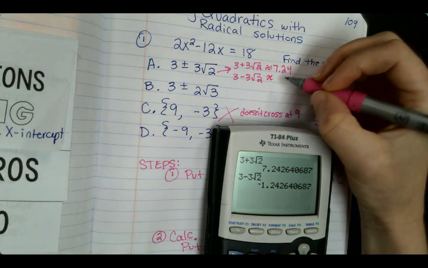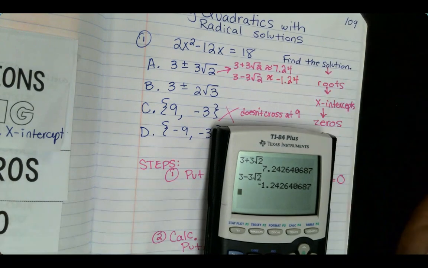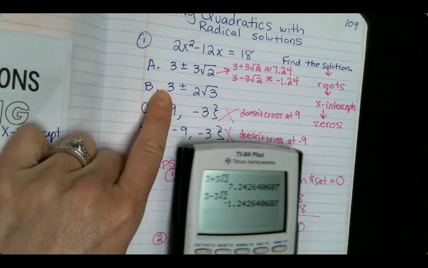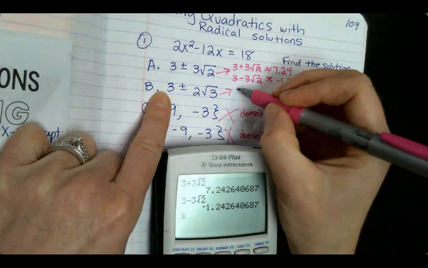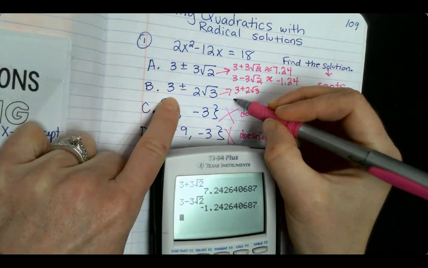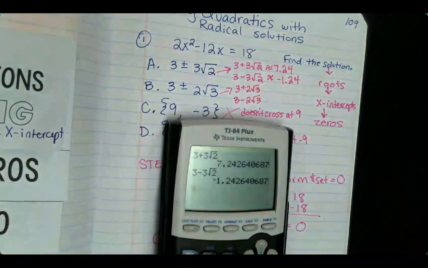And write that answer down. And then we need to do the same thing here. So this is 3 plus 2 square root of 3 and 3 minus 2 square root of 3. Find out what those are now.